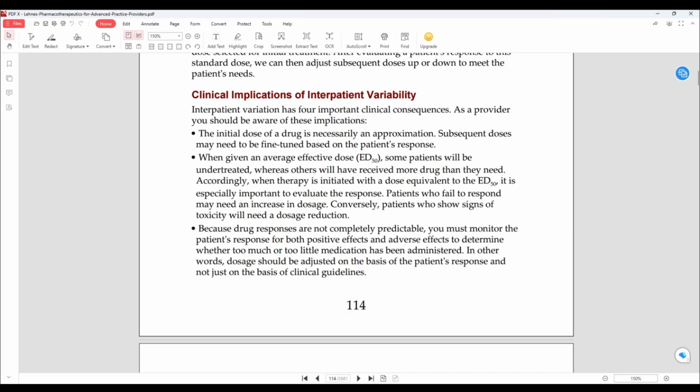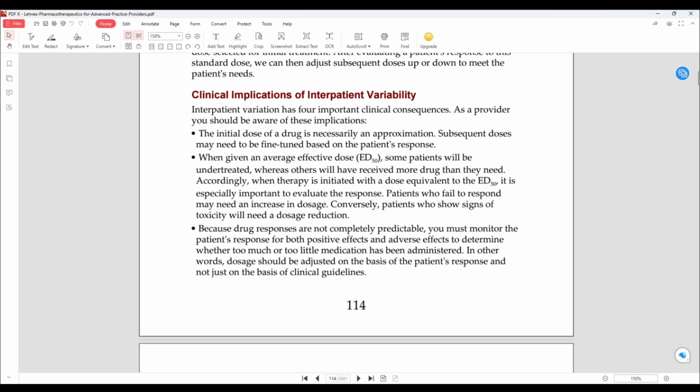When given an average effective dose, the ED50, some patients will be undertreated, whereas others will receive more drug than they need. Accordingly, when therapy is initiated with a dose equivalent to the ED50, it is especially important to evaluate the response. Patients who fail to respond may need an increase in dosage.